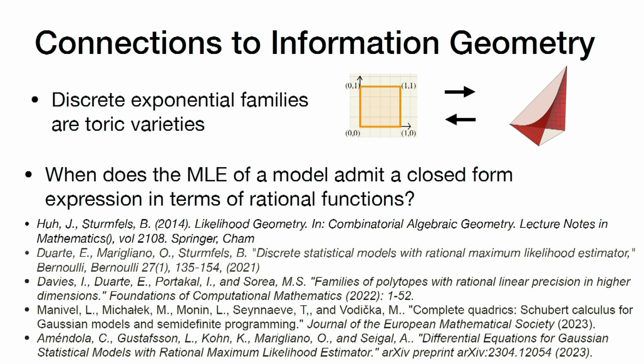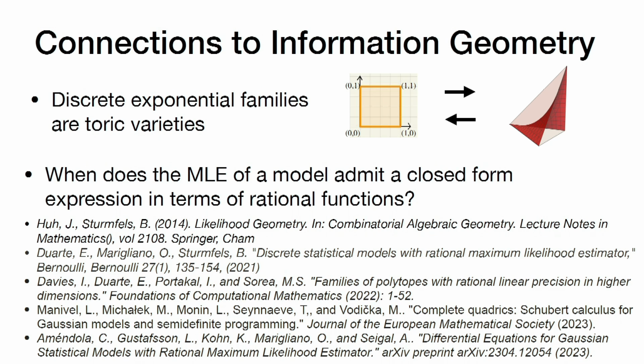So all the discrete statistical models that have closed form expression, this is using algebraic geometry. And then you can read more about his results and other results in likelihood geometry in this first reference that I have here. And the idea is that you associate invariants in algebraic geometry to solve this problem.